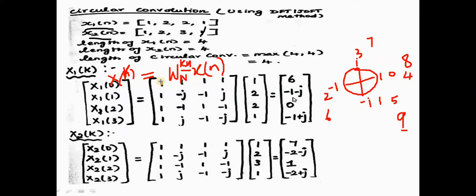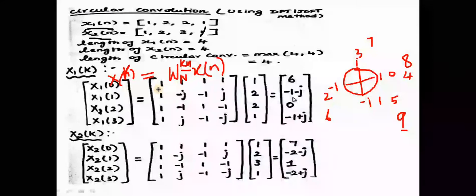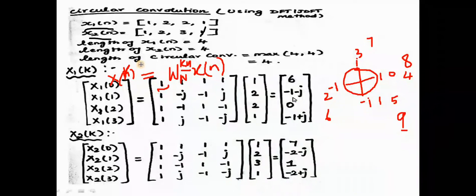Just substitute those values here. For the first row and column you will get W4 to the power 0, which gives 1.